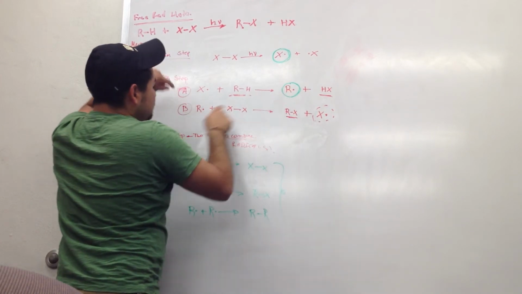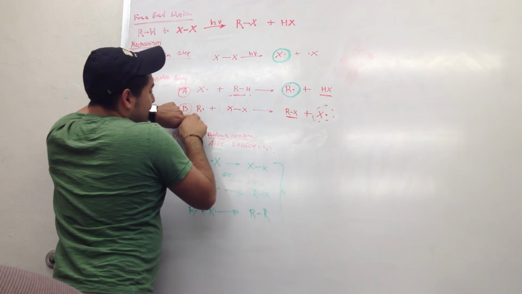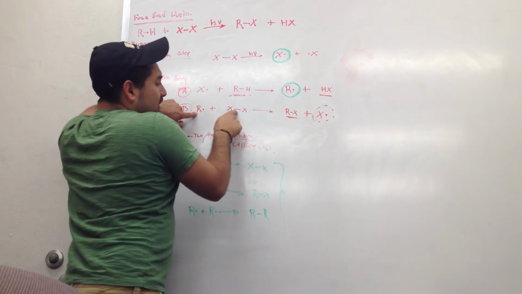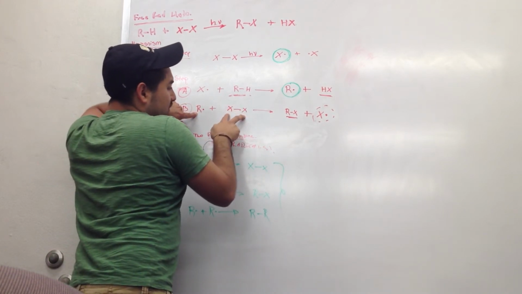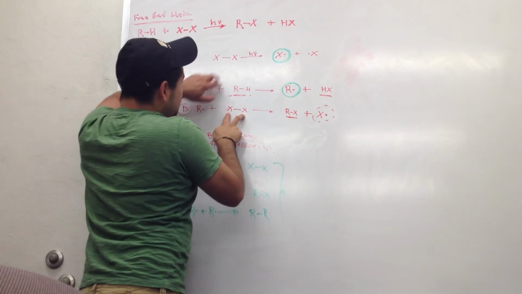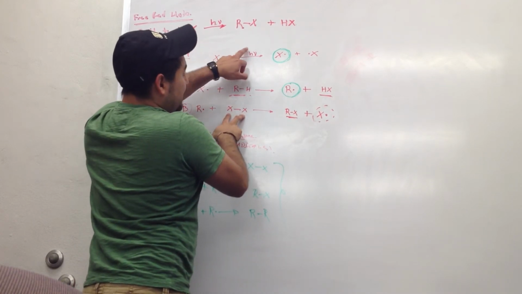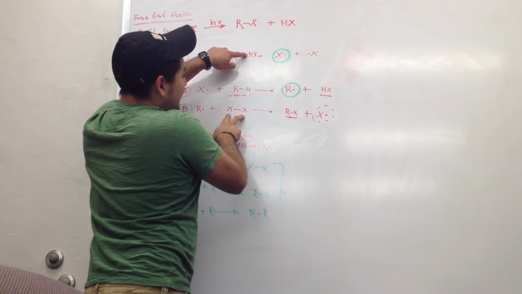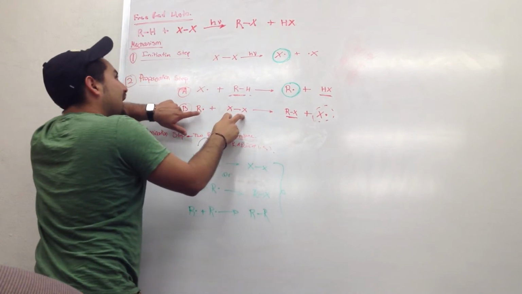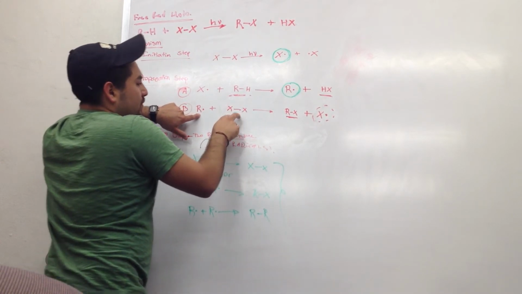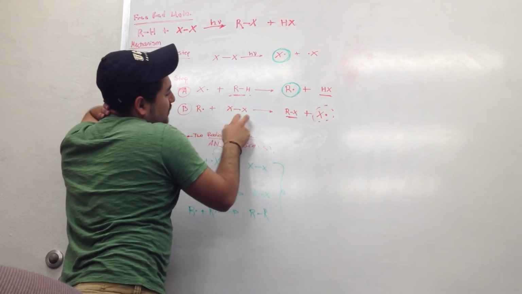This alkyl radical goes here to substep B, and it homolytically cleaves a molecular halogen bond, just like in the first step, but now without heat. Instead of heat or light, we're using the alkyl radical to homolytically cleave this bond.